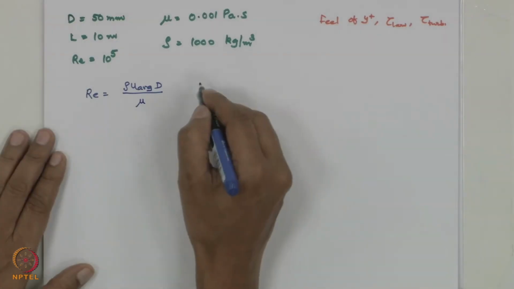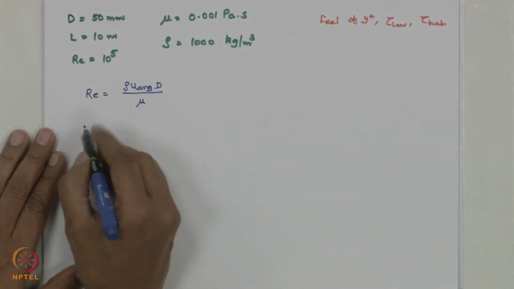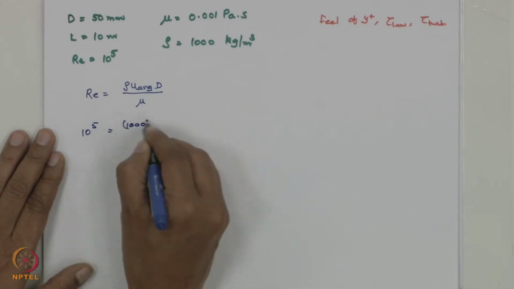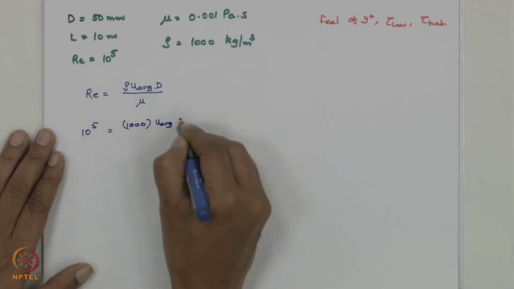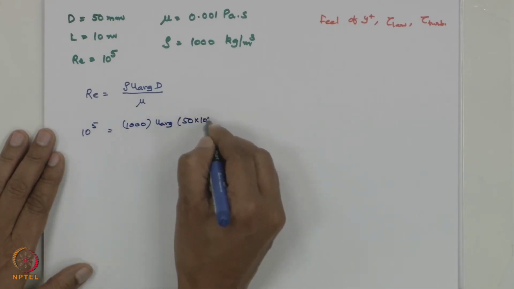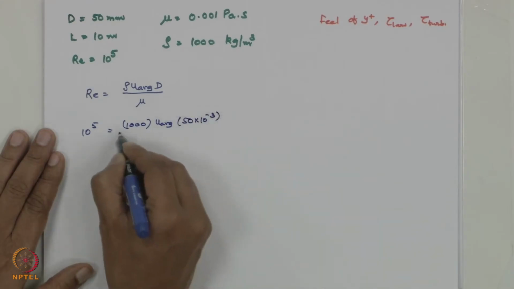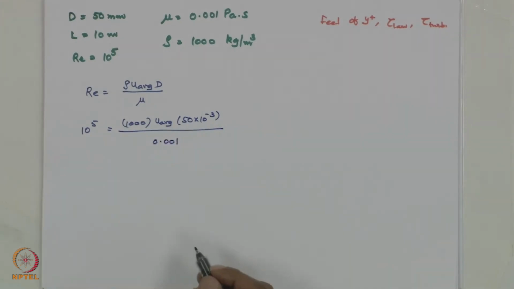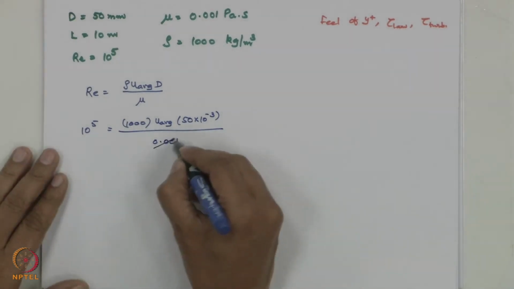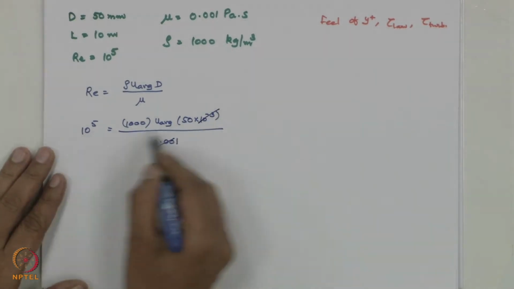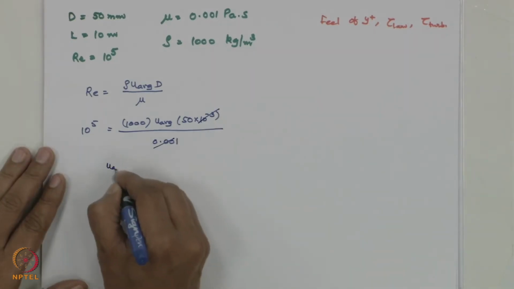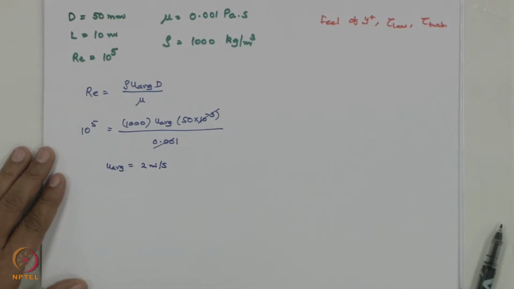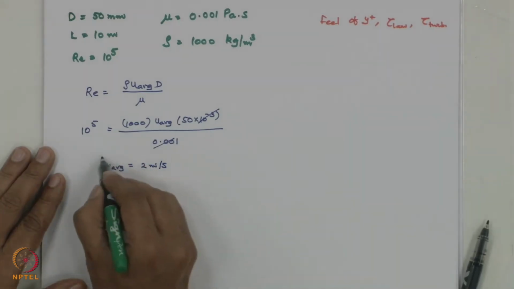I want to get u average, so that's why I am doing this. 10 to the power of 5 equal to density 1000, u average, diameter 50 mm converted into meters, 10 to the power of minus 3, upon 0.001. So 1 lakh upon 50,000 fetches you 2 meters per second. This is your u average.